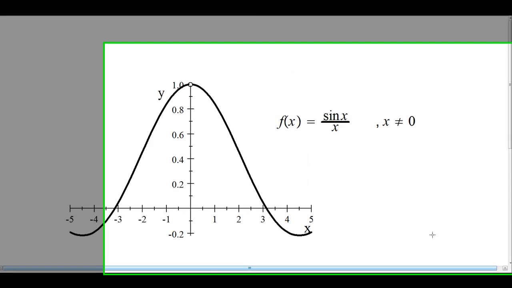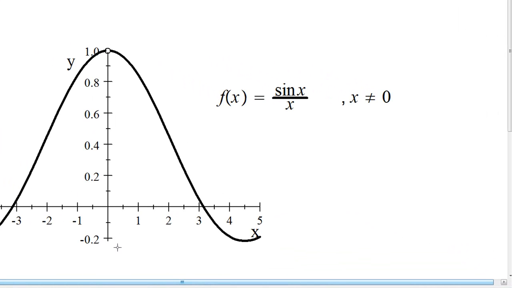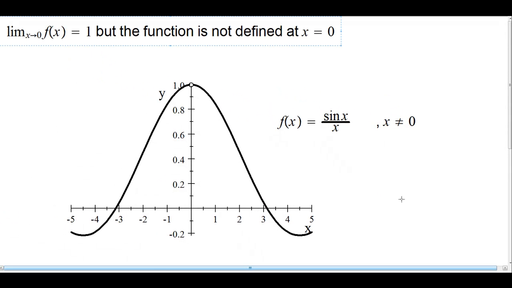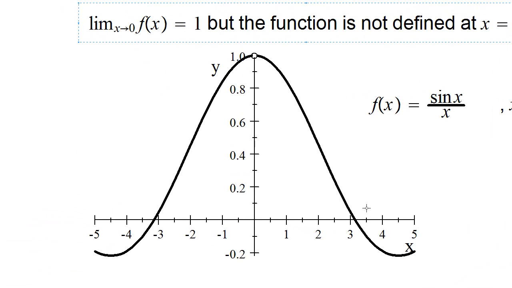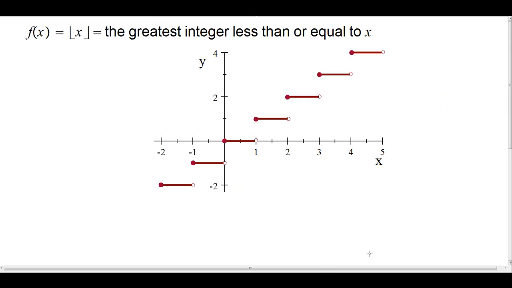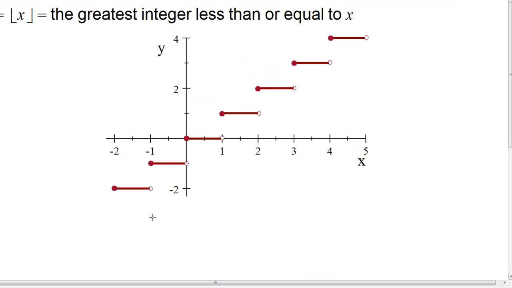Now we examine the problems that occur at the points of discontinuity. In this case, at x equals 0 the function is discontinuous, and what we have is that the limit is available, but the function is not defined at x equals 0. Now this greatest integer function has many points of discontinuity. Let's take 1 for example.